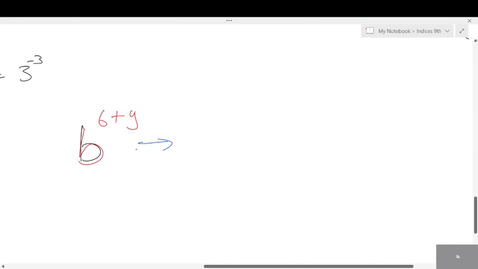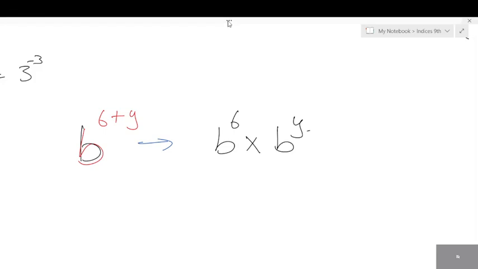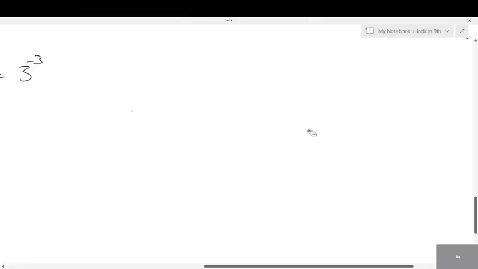Now tell me this concept. How should I write this, students? B to the power of 6 into b to the power of y. Okay, this is one concept. Next, b to the power of minus 3 into b to the power of x.